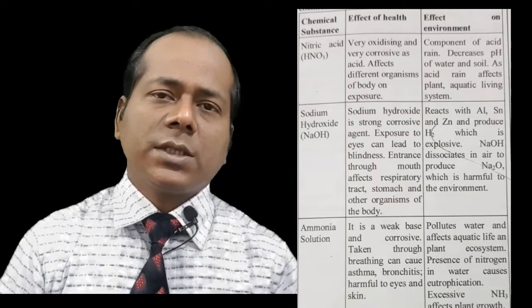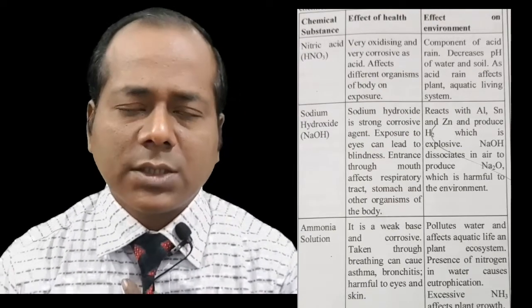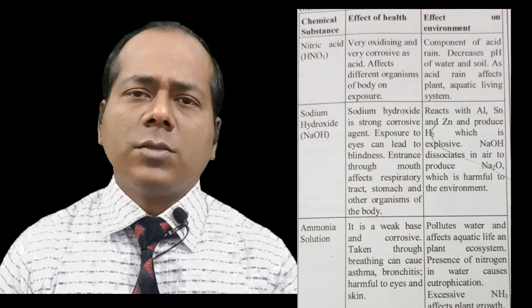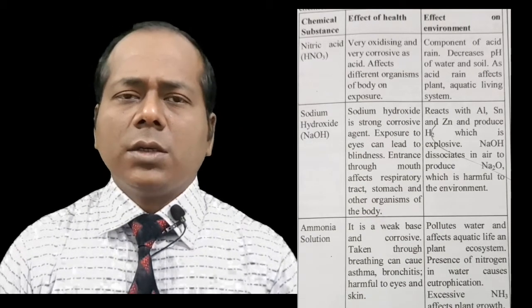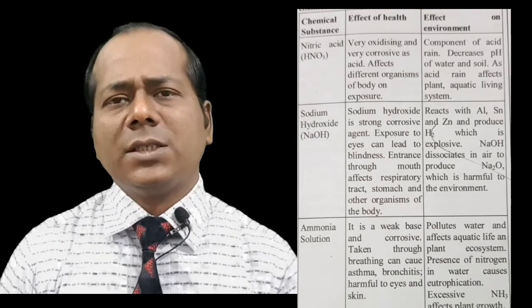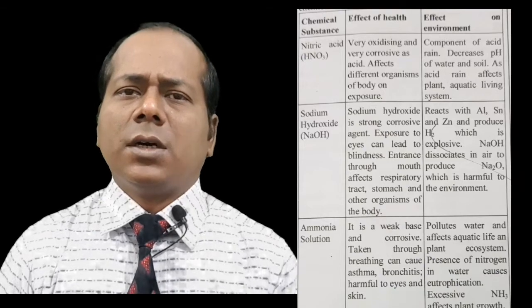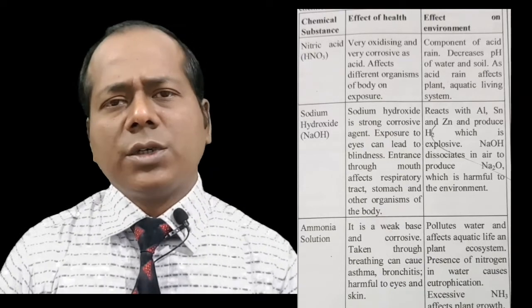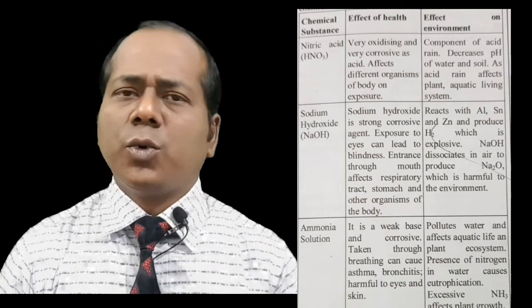Our next question is, describe the effect of the chemicals used in laboratory on health as well as environment, indicating the importance of their safe disposal. My dear students, at first we discuss nitric acid's effect on health. Nitric acid is very oxidizing and very corrosive as an acid, and affects different organs of the body on exposure.